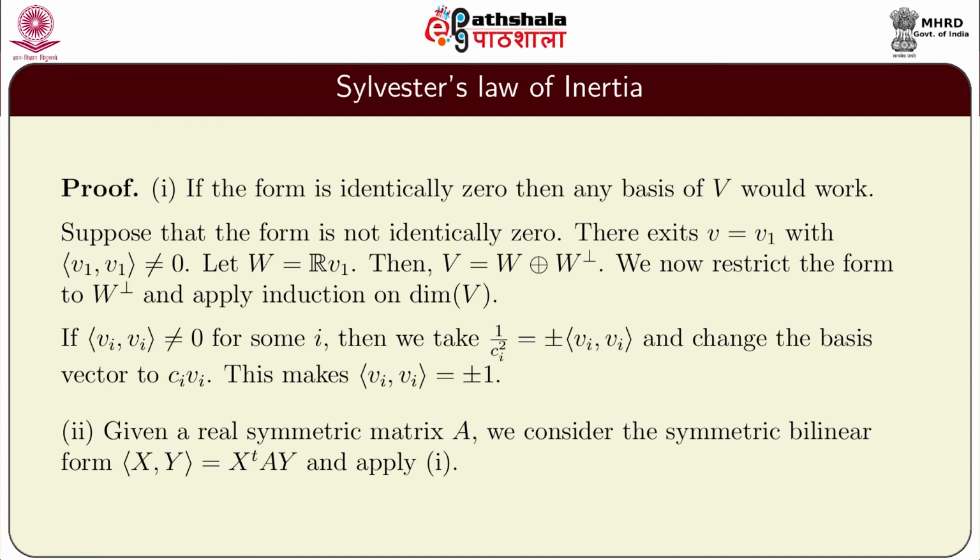Proof of part 1. If the form is identically 0, then any basis of V would work. So, let us assume that the form is not identically 0. Then there exists V, let us call it V1, such that inner product V1, V1 is not 0. Let W denote the span of the vector V1.